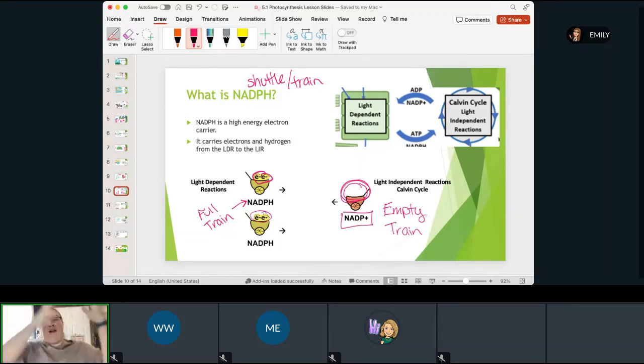And then it's going to come back for more. Okay. So NADPH and NADP plus is just a never-ending circle of a train that's picking up from one side and dropping off at the other side. Okay? Are you following me with that? What questions do we have on NADPH?